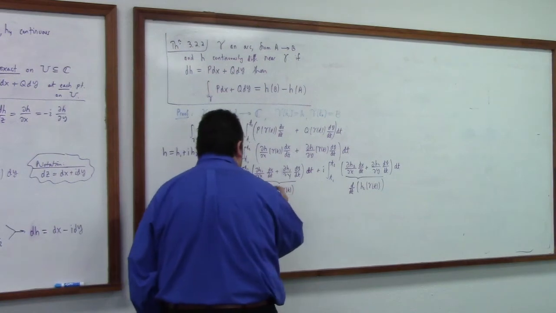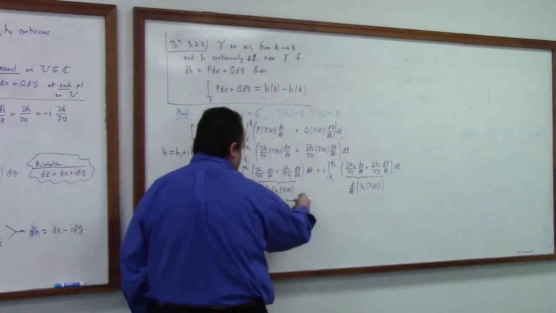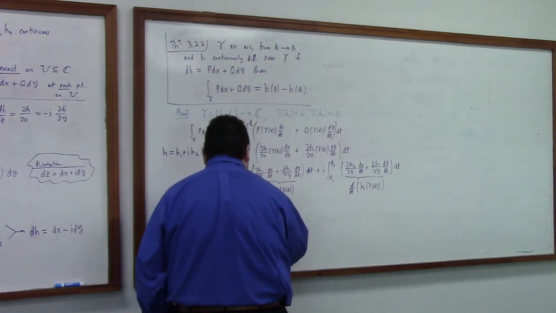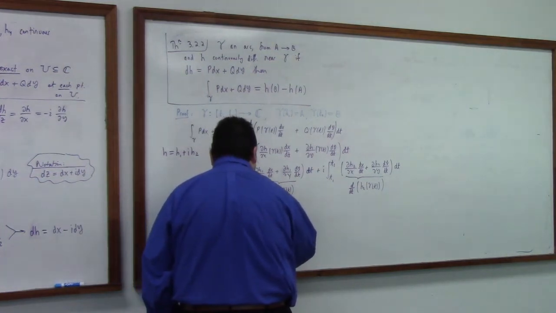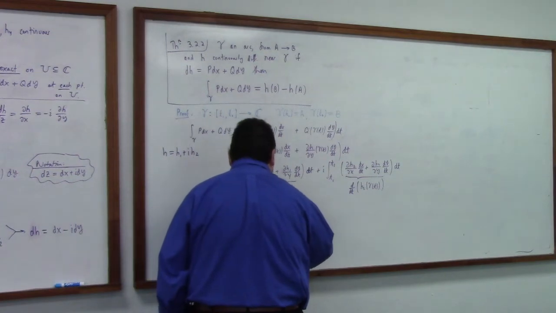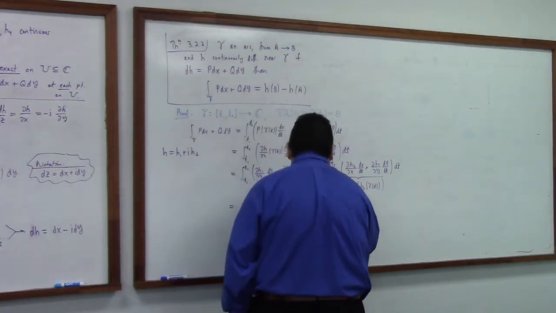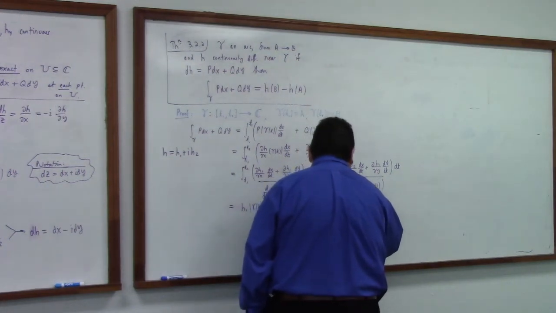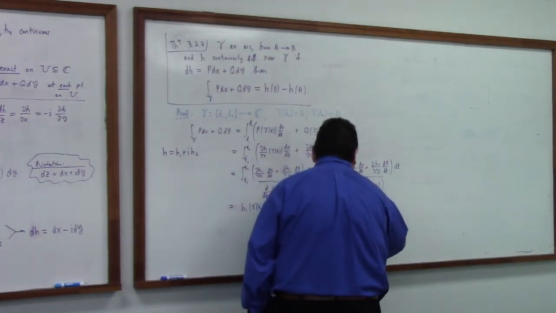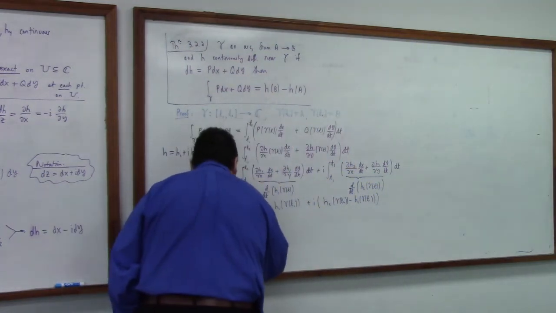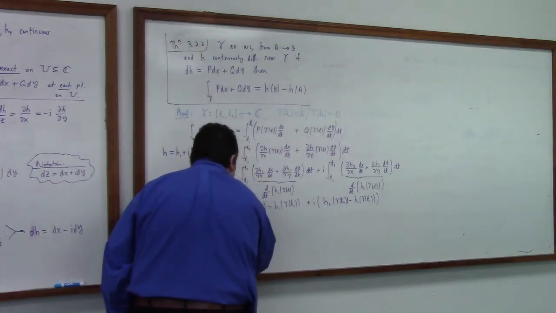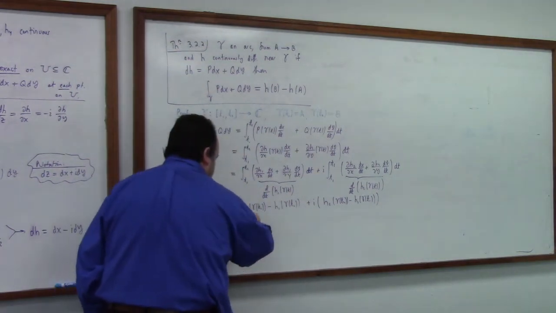But the point here is we have the integral from t1 to t2 of this total differential. And so what's that? That's h1 of gamma of t2 minus h1 of gamma of t1 by FTC, plus i times h2 of gamma of t2 minus h2 of gamma of t1. Gamma of t2 is b.